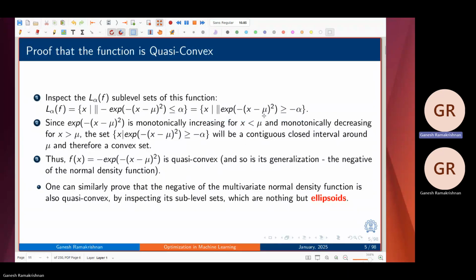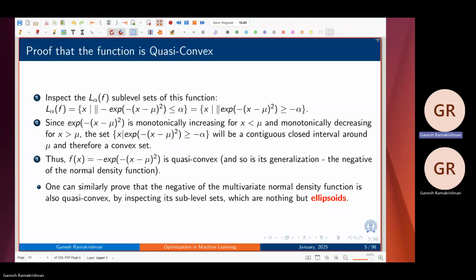Now you use the fact that, just like we use the monotonicity of log, you can use the monotonic increasing property of exp for x less than mu. But then for x greater than mu, it's monotonically decreasing. But in either case, it's basically a contiguous closed interval around mu.